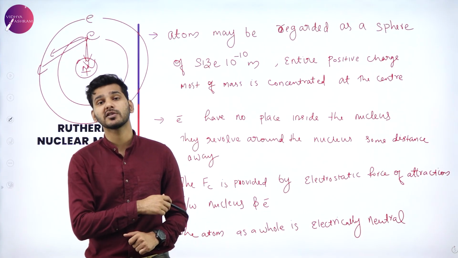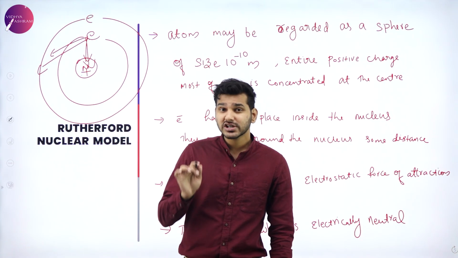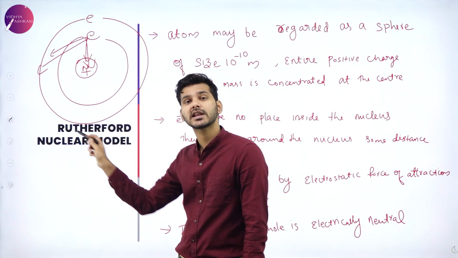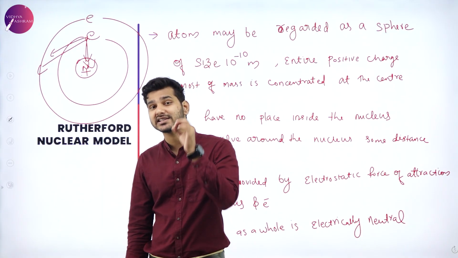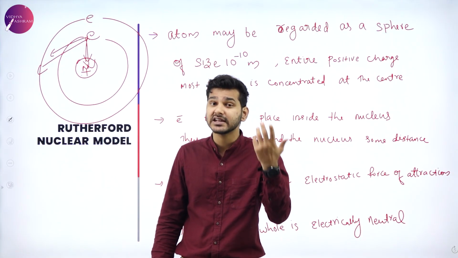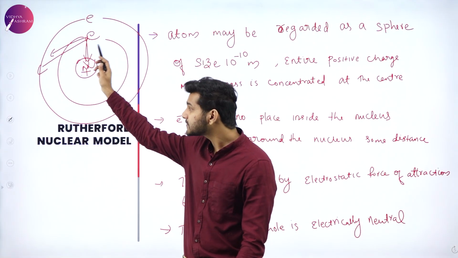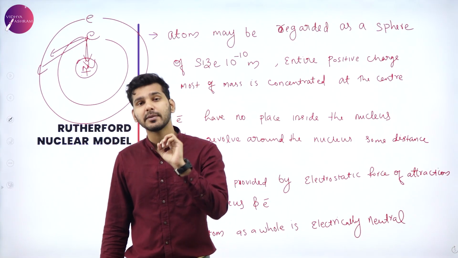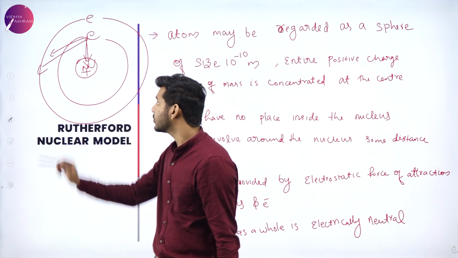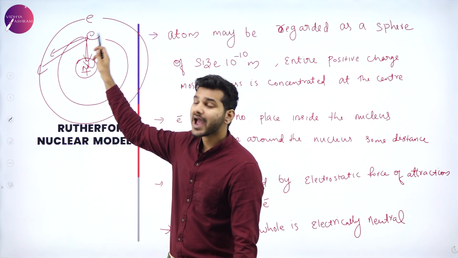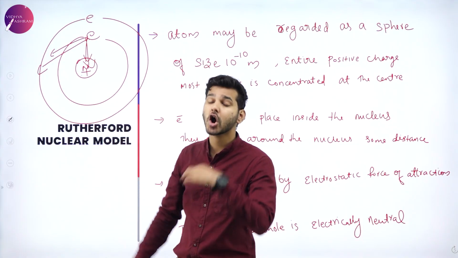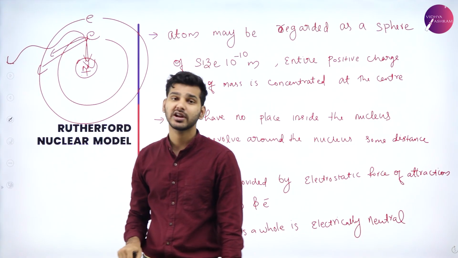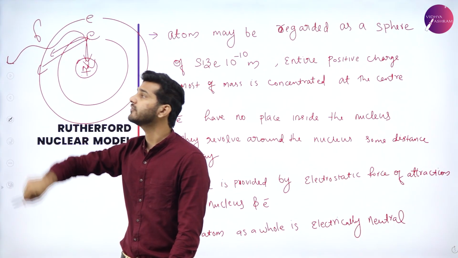The main problem was that according to the known classical theory, we already learned that if a charged particle is accelerating or oscillating, it should emit radiation. So as it revolves around like this, according to classical theory, it should emit radiation in the form of a photon.